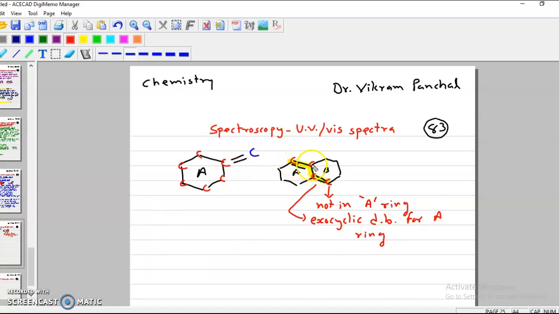Similarly, here the first double bond, this carbon is a part of B ring. But this carbon is not in B ring, so one carbon is in the ring, another is outside the ring. Therefore, it is exocyclic for B ring. So this way we can identify exocyclic double bonds.